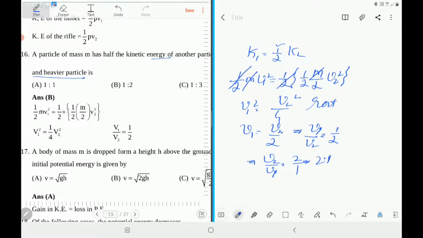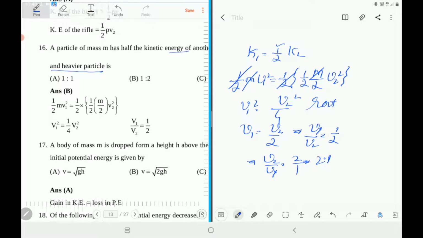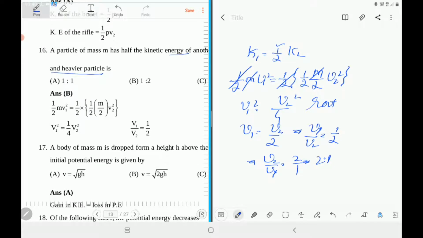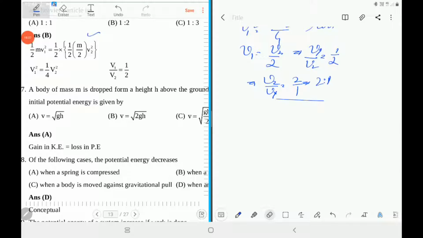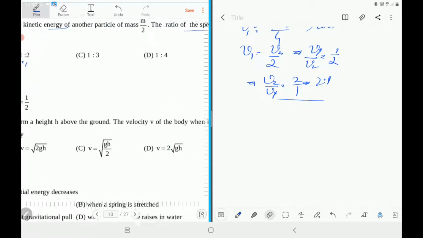That's the idea. So your option B, lighter to heavier. Lighter is the second one, that is v2 is to v1. As the answer is 2 is to 1, that's the only option given here.